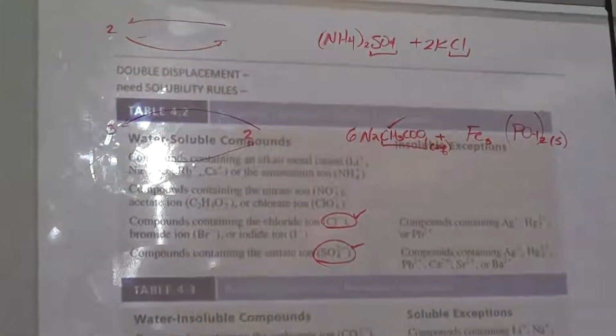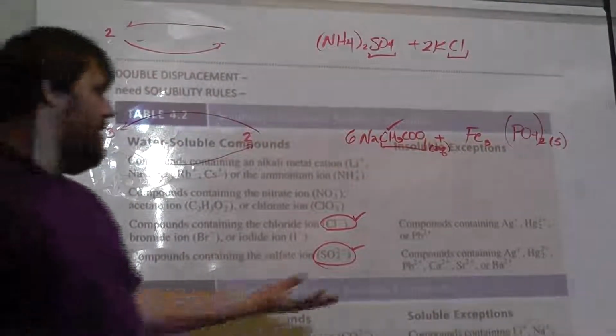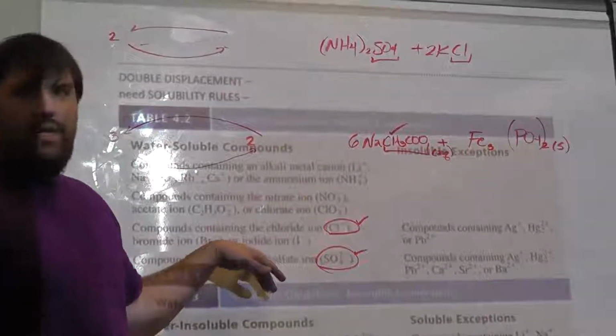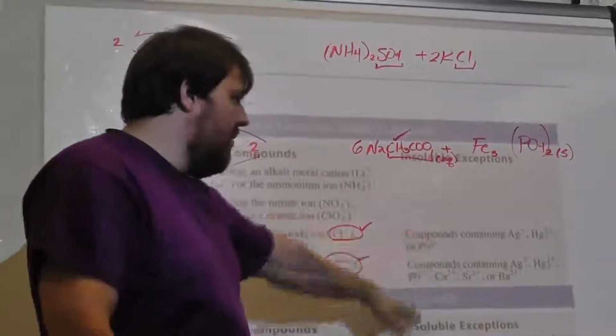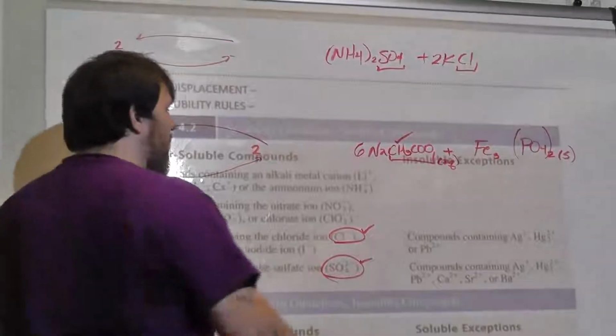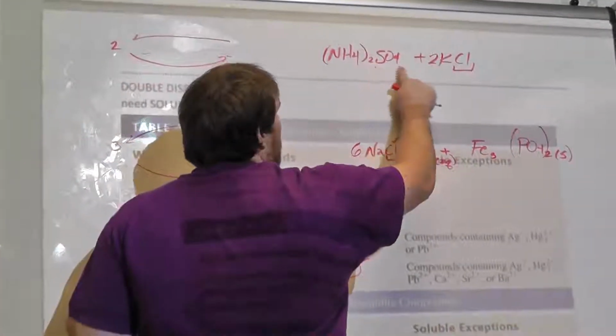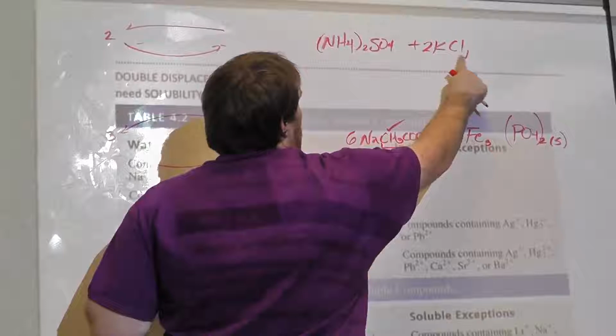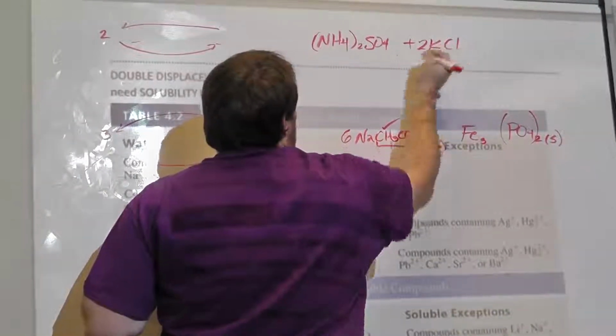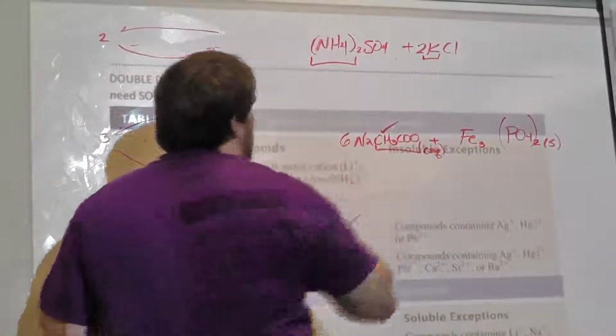Now there's only a couple things that can make them insoluble, and that's our exceptions right here. So both of these guys are immediately in the clear unless they're with one of these metals. So what you want to do then is, now that you've found them here, you're looking at their metal portion. So in that case the potassium, and in this case the ammonium.